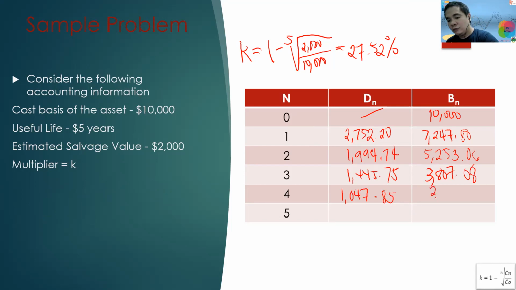This is 2,759.46. And this is 759.46. And this is 2,000.